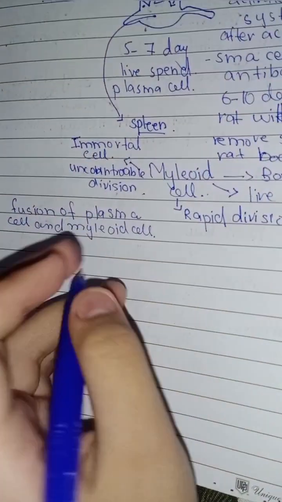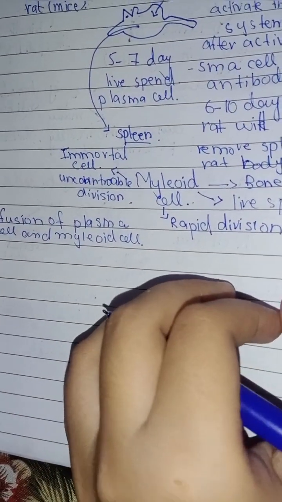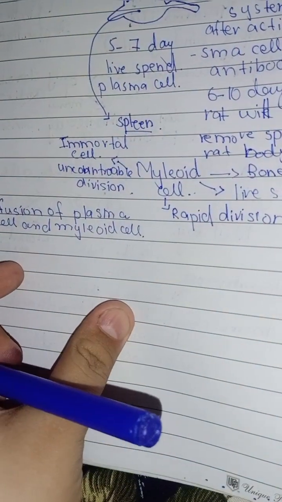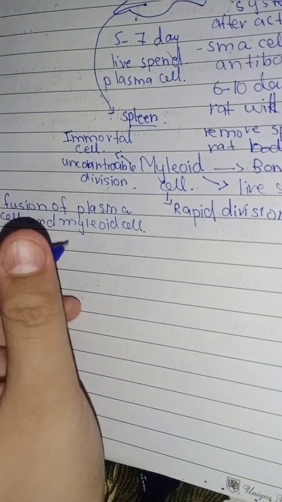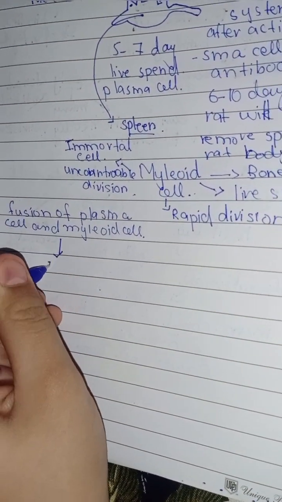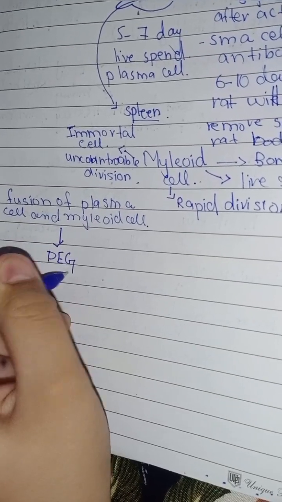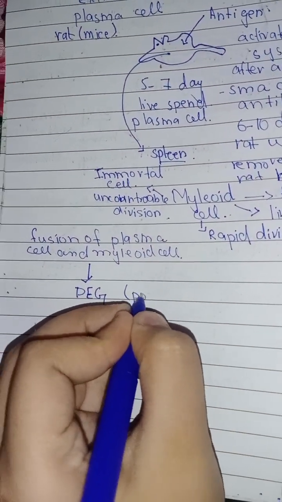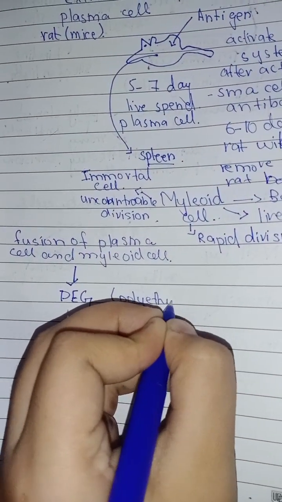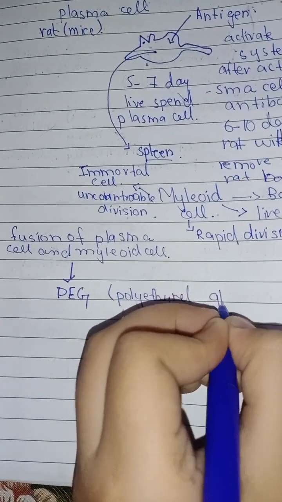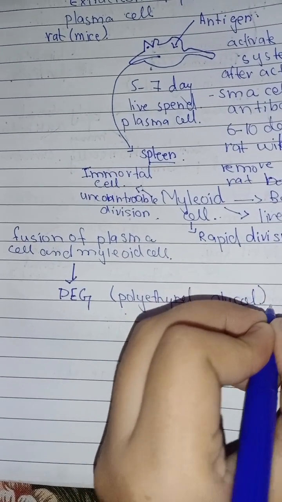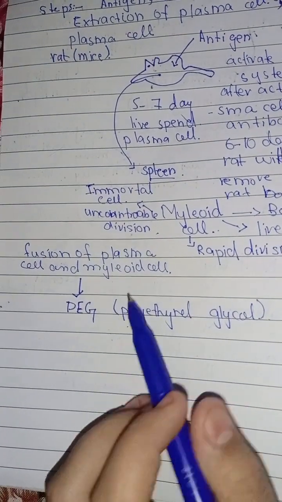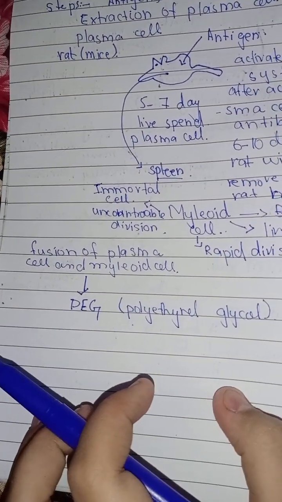So here is the fusion of plasma cell and myeloma cells. Here a chemical is used, and that chemical is basically PEG, polyethylene glycol. This chemical is used in the fusion of plasma cell and myeloma cell.